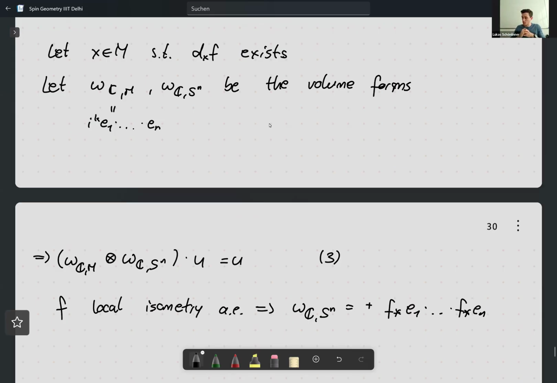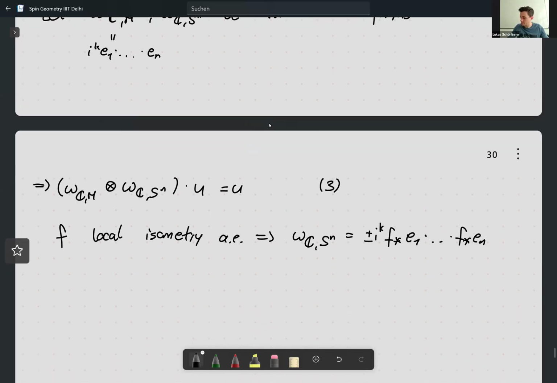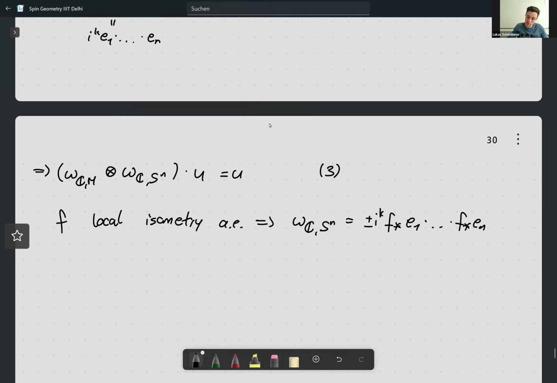But if f is orientation reversing, it will be a non-oriented orthonormal basis. So that's why here we get a plus and minus 1, and I also have this i to the k. So this is plus if f is orientation preserving and minus if orientation reversing.